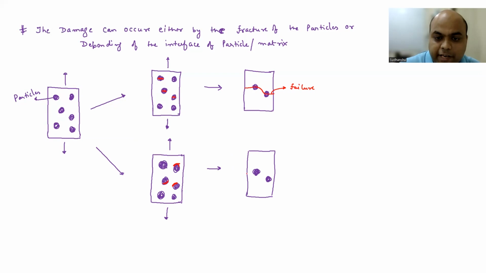Similarly, debonding will take place. So it is going to fail, say something like this. Okay. So the first case here is particle fracture. Second one is debonding.